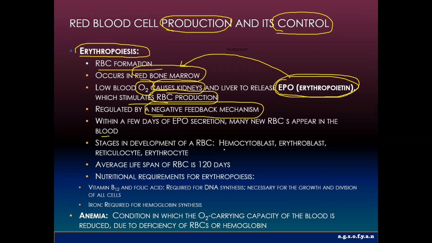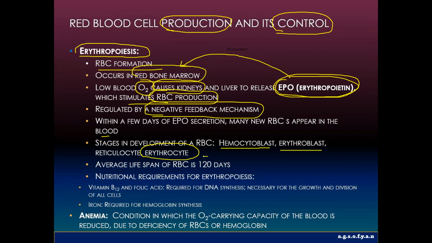And this is just the stages of red blood cell production, starting from the hemocytoblast, which is the pluripotent stem cell, into the erythroblast. This is the one that will become the red blood cell. And then finally it produces the erythrocyte that will be released into the bloodstream.